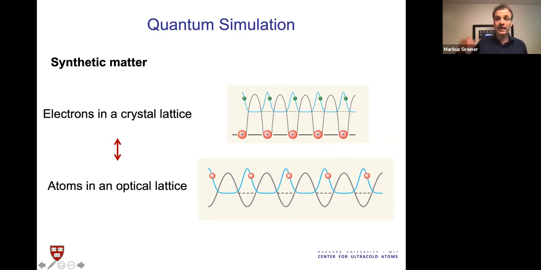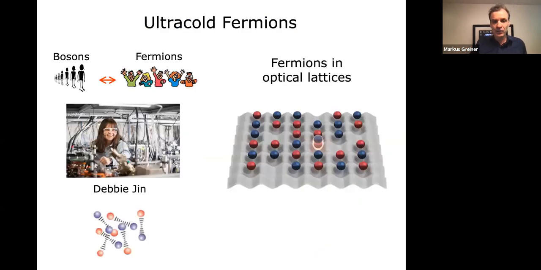Of course, we are not at the level where we program all details of an actual material. Instead, we really want to simulate fundamental, basic, simplified models, because even those are extremely hard to compute.